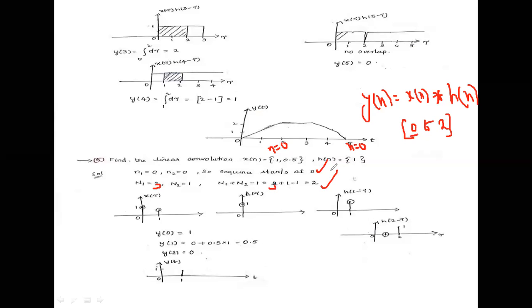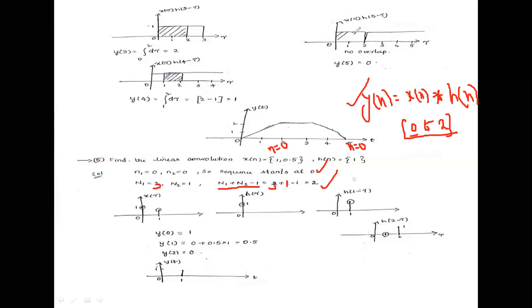How many samples are there in h? 1. The number of samples we get in y of n is n1 plus n2 minus 1, the number of samples in x plus the number of samples in the second signal h of n, minus 1. So 3 plus 1 minus 1 is equal to 3. The range is 0 to 2.